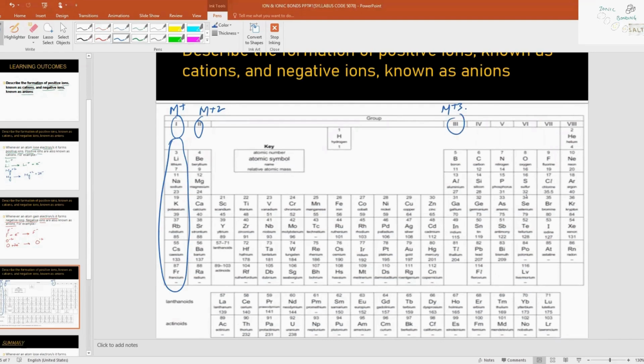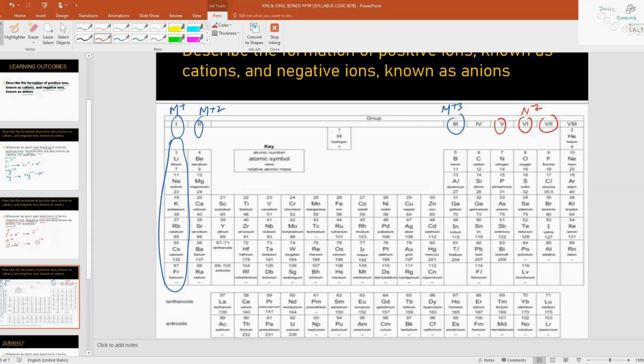But for the non-metals, which are from group 5 till group 7, they all form ions with the negative charge. For example, group 6 will form an ion with the charge of minus 2. Let's consider N as the element from group 6. It will be 2−.